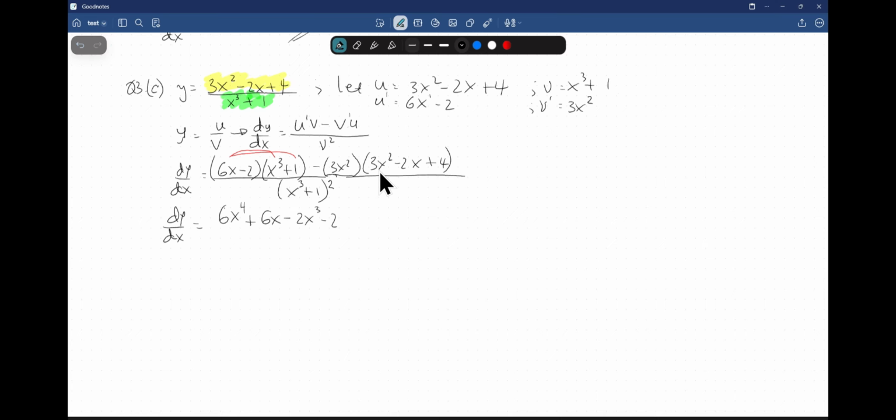So we have 3x squared multiplied by 3x squared, which becomes negative 9x to the power of 4, and then 3x squared times 2x becomes positive 6x cubed, and then negative 3x squared times 4 becomes negative 12x squared. We don't need to expand the denominator, so just maintain x cubed plus 1.